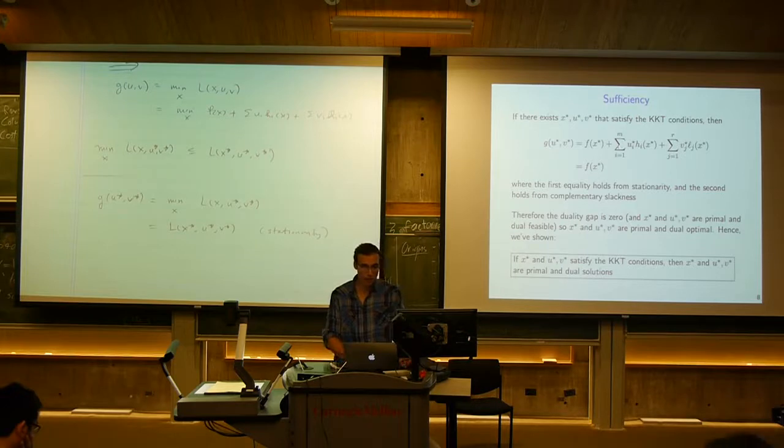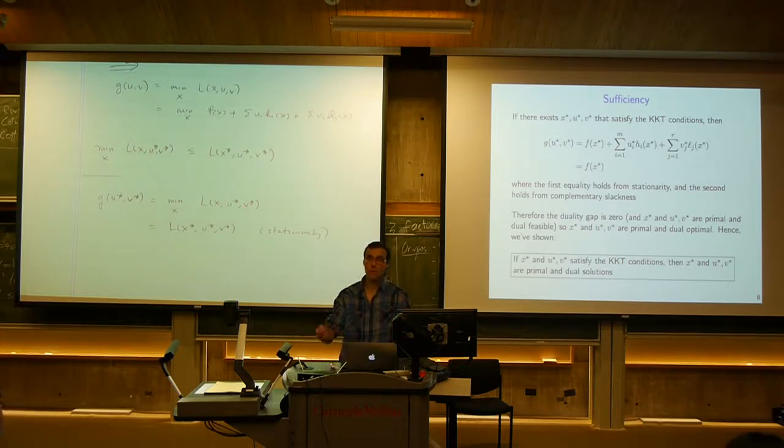Now we've shown that we have the primal and dual criteria matching at u star, v star, and at x star. That implies optimality for both pairs. We argued that at the end of the last lecture: if you ever have a zero duality gap, you must have both the optimal primal solution and the optimal dual solution. That's always the case, as soon as you manage to make these two criteria match.